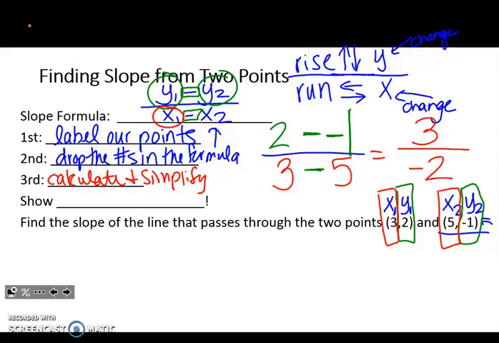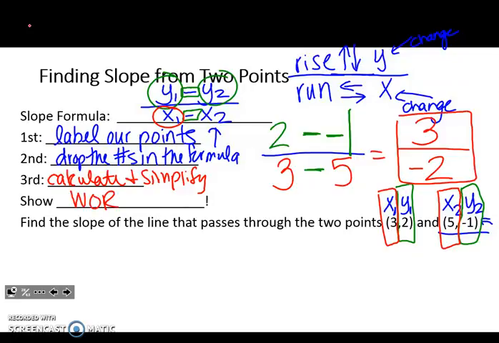Guys, you're going to type in 3ABC negative 2 into your calculator and see if it simplifies. Remember, if you get a mixed number, you have to hit that second ABC button again to switch it back. So 3 over negative 2 does not simplify, so that's our final answer.